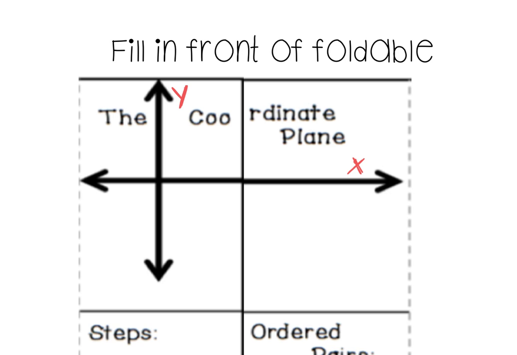We're going to label our quadrants. So we've got quadrant 1, 2, 3, and 4. And we're going to label our origin. So put a dot there as 0, 0, and make sure you add that vocab word there as the origin. Give you a minute to get that labeled, and then we'll fill out the bottom of the front side here.